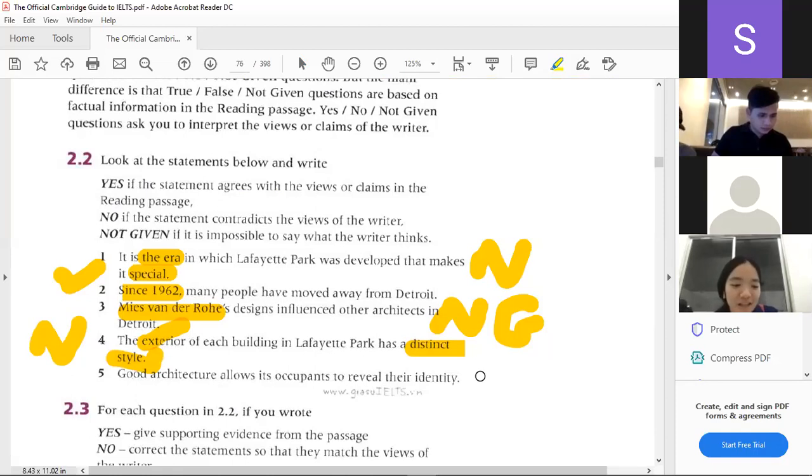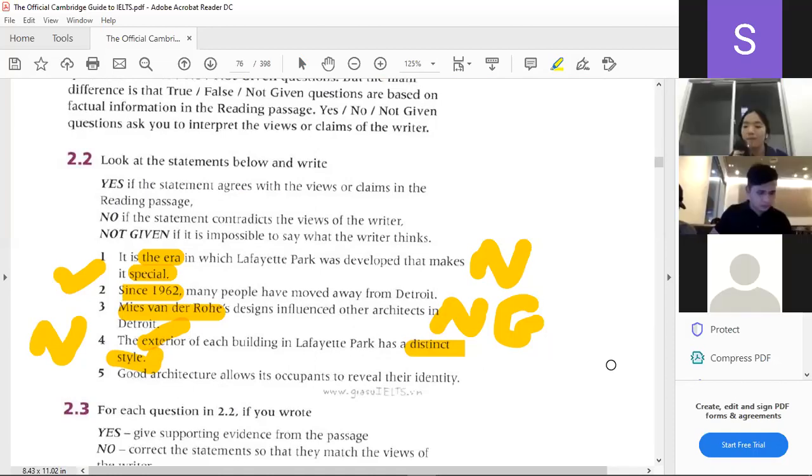Yes. Danit and the others, are you sure? I am not sure. Okay, you're not sure. What's your answer? Look at the last sentence: good design doesn't force a personality on its residents.